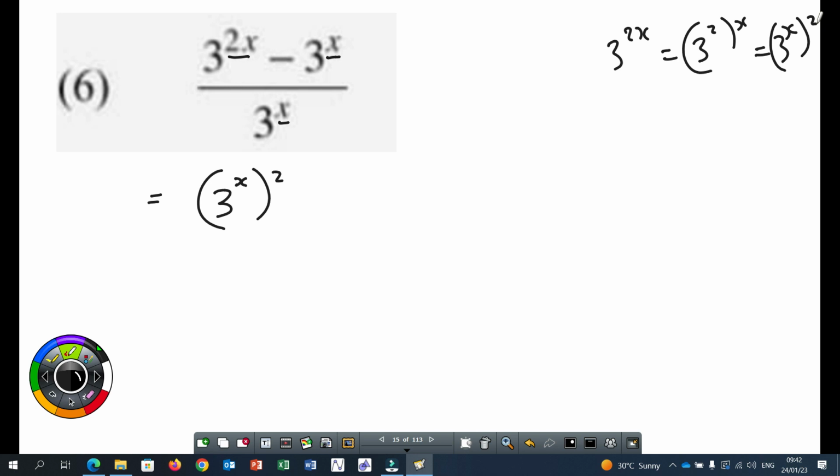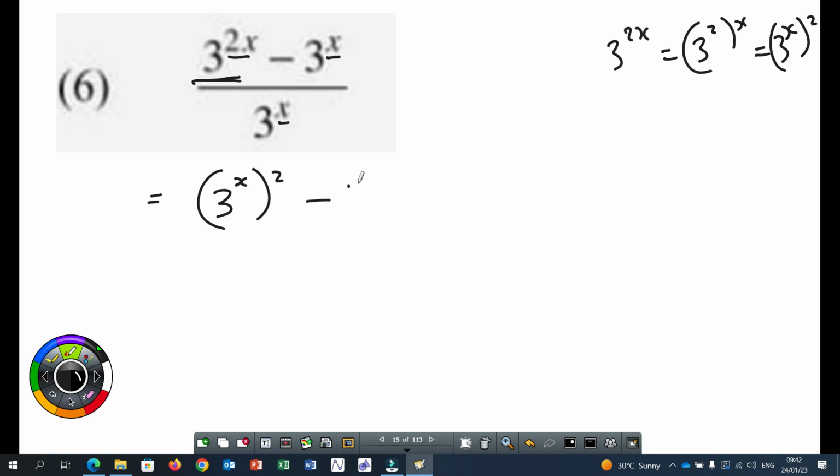So depending on the question you have at hand, you need to move from one form to the other. So for this question, because it requires factorization, since we have got 3 to the power of x here, it will be wiser to create 3 to the power of x there. And the only way you can create the 3 to the power of x is by writing this as 3 to the power of x all squared.